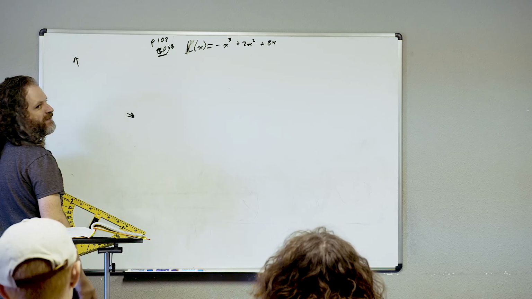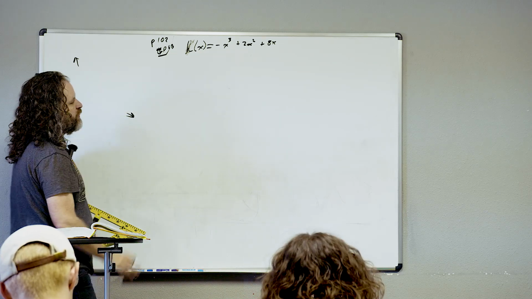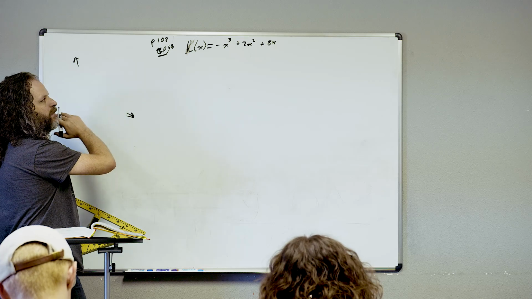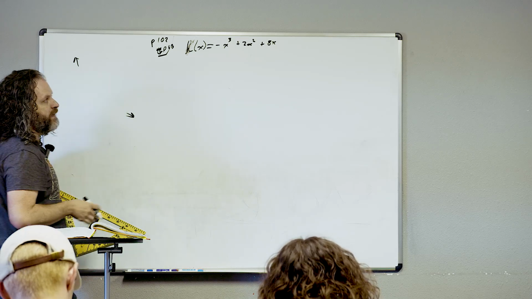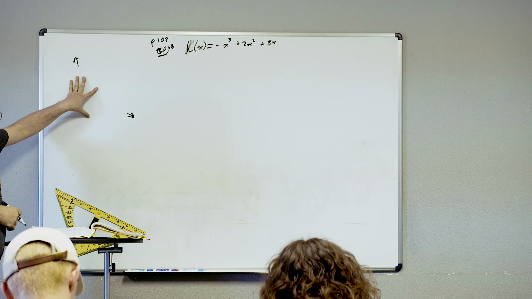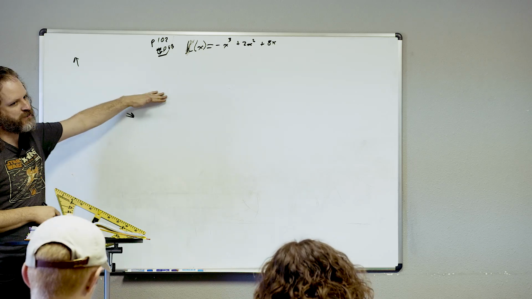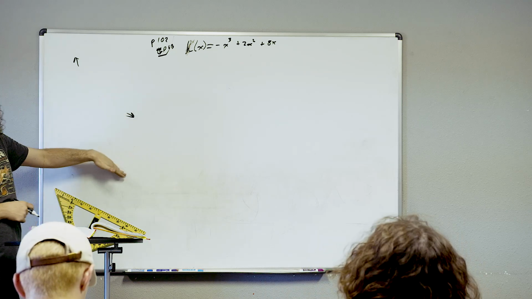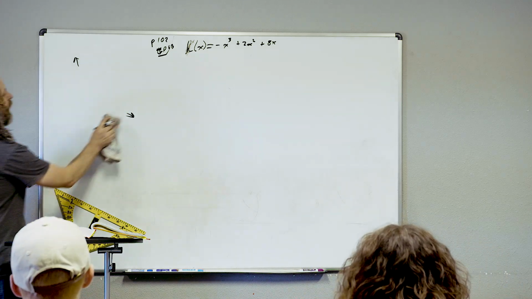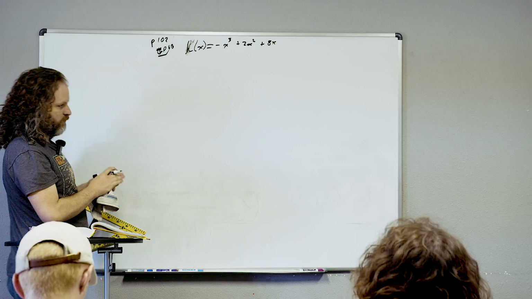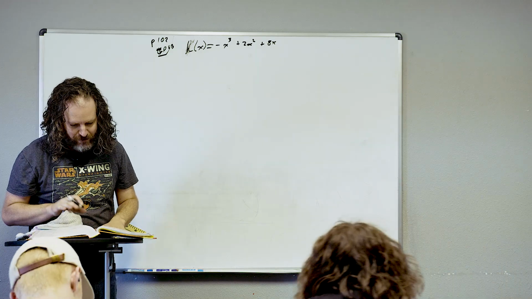For the sake of time I'm not going to write it out, but you would write the limit as x approaches negative infinity is positive infinity, and the limit as x approaches positive infinity is negative infinity. That's what we would write for part A. Three zeros and two turning points is correct. Possible leading, yes, all of those words are correct.